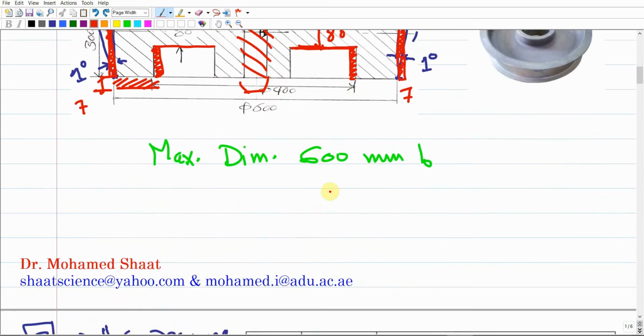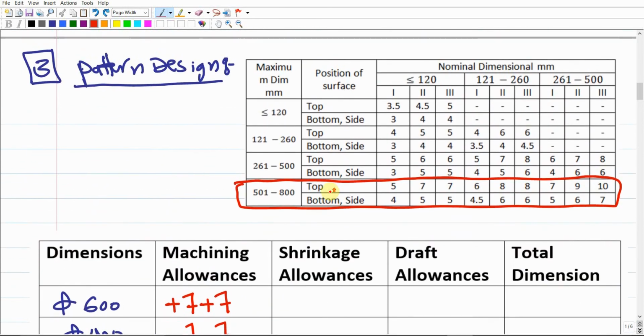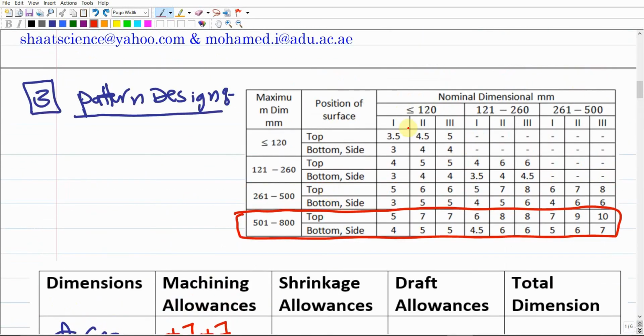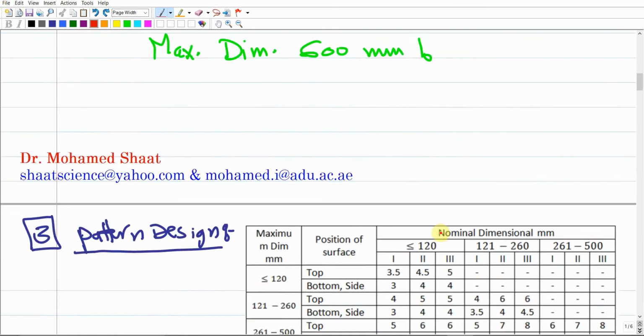So going back to the table, the area is less than 120 millimeter, and we are doing deep machining, third grade. So we have two numbers, 7 millimeter for the top surface and 5 millimeter for the bottom or side surface. We agreed that the area connects top to bottom. So we're going to have 7 millimeter on the top surface and 5 millimeter on the bottom surface.